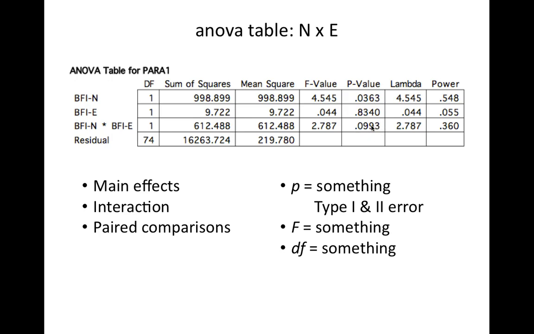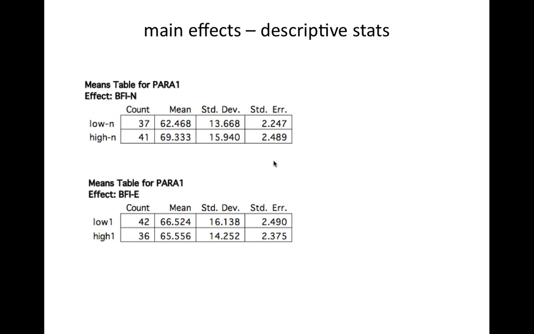So with that in mind, let's take a look at the main effects. These two tables represent the means for the main effects. In this first table, we have neuroticism, and in the second table, we have extraversion. So this is the effect for neuroticism. Low N, high N. Low N refers to stable personality. High N refers to neurotic personality. The count refers to how many subjects were in each of those groups, and these are the means.